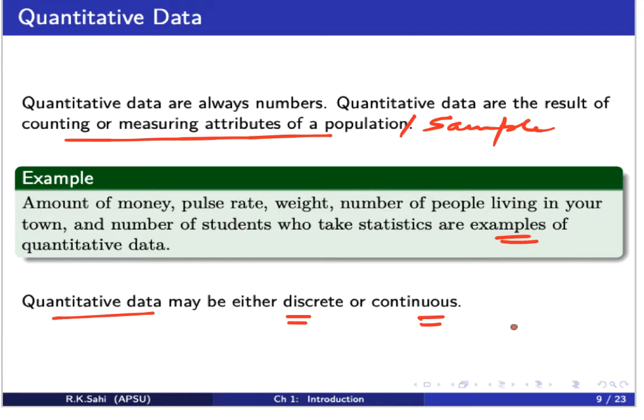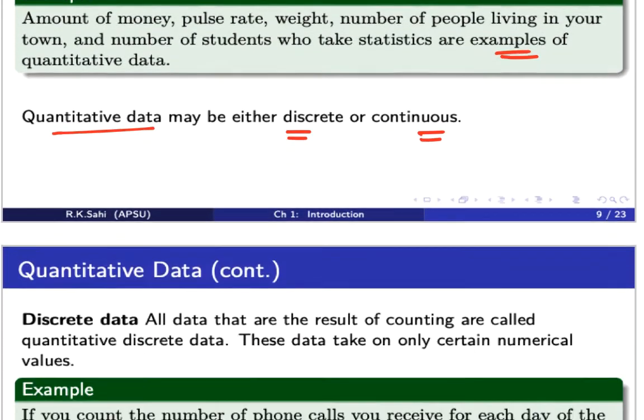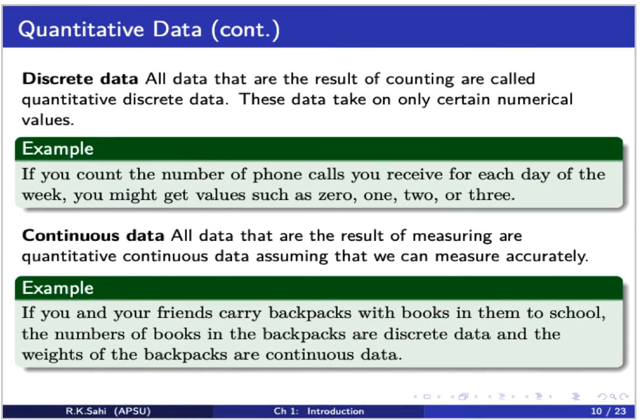Now discrete data. When we talk of discrete data, the simplest way to look at it is you can count, like 1, 2, 3, 4. That's something which you can count easily. These are data that can take certain numerical values. Now, for example, is this a discrete data?